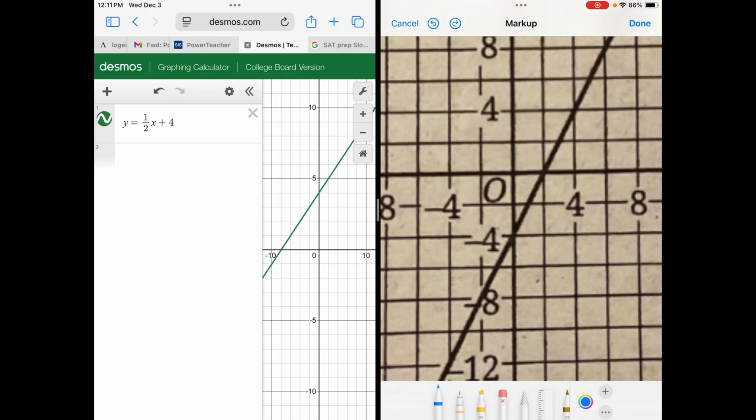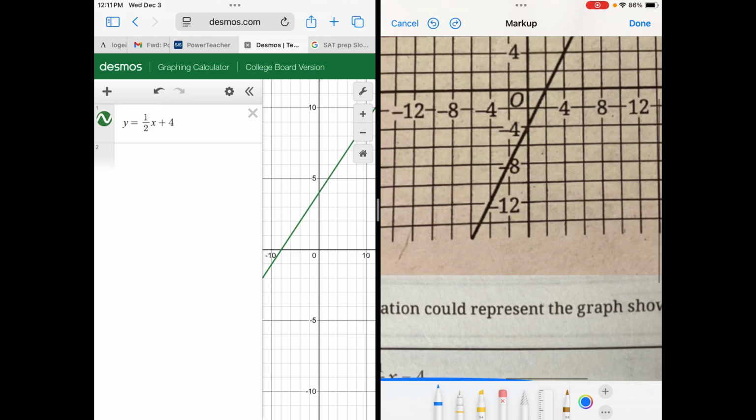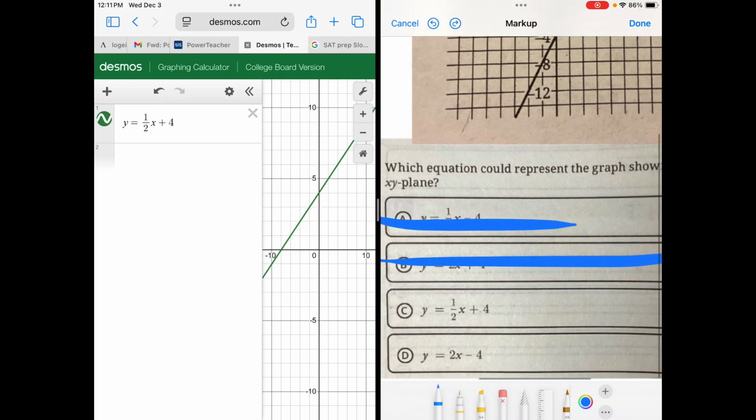So that cannot be the right answer. At this point, we could just do POE, and we have already knocked out that third answer choice. If you were taking the SAT, you could just pick answer D, and you would know that that would be your correct answer because you've eliminated the rest.